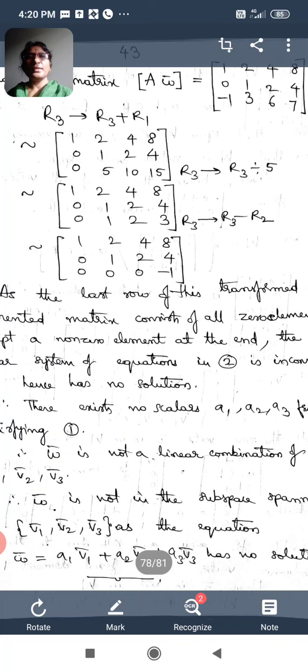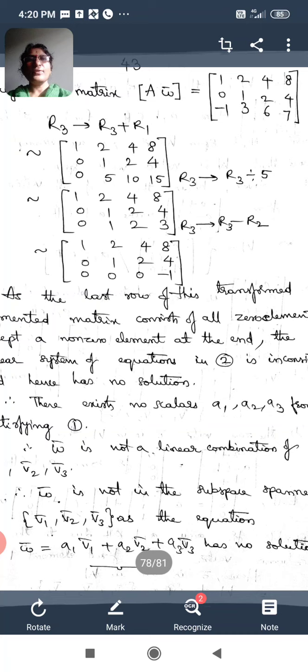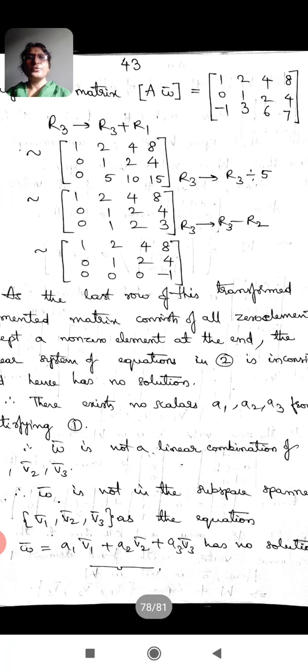After doing that, we get this matrix, which is equivalent to the above augmented matrix. It also consists of 3 rows and 4 columns, where the elements are now changed in the third row: 1 2 4 8, 0 1 2 4, 0 5 10 15 is the new matrix.